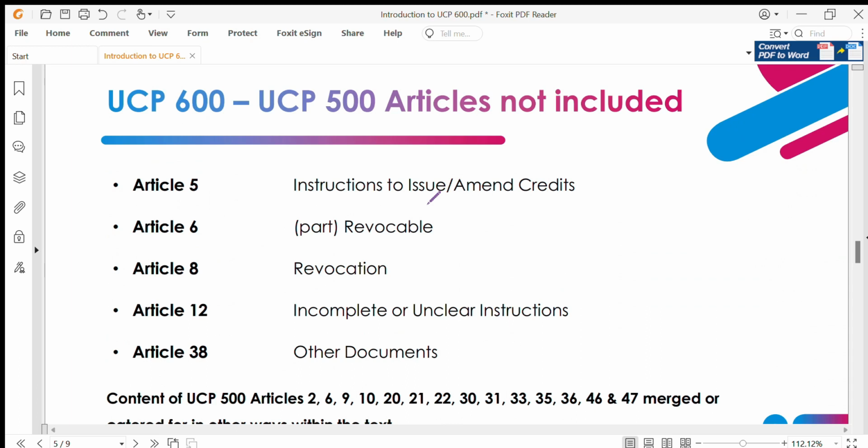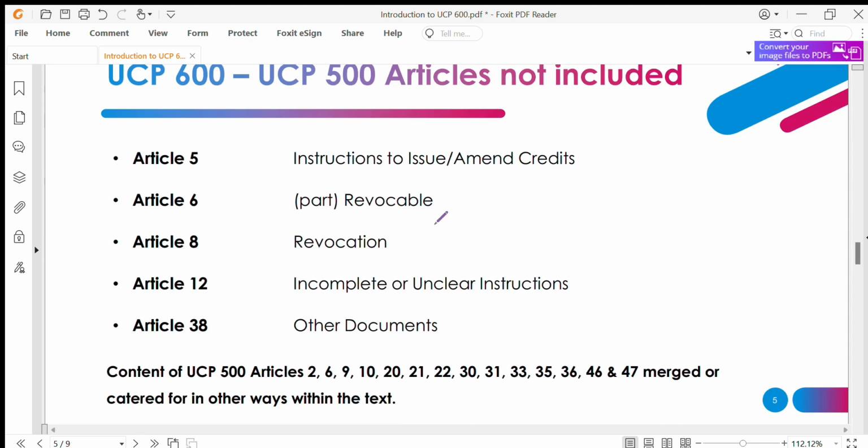Before that we had UCP 500. Some articles which were covered in UCP 500 but not included in UCP 600 are listed here. As a brief summary, Articles 5, 6, 8, 12 and 38 were completely removed in UCP 600, but the other articles are merged and included in UCP 600 in various areas.